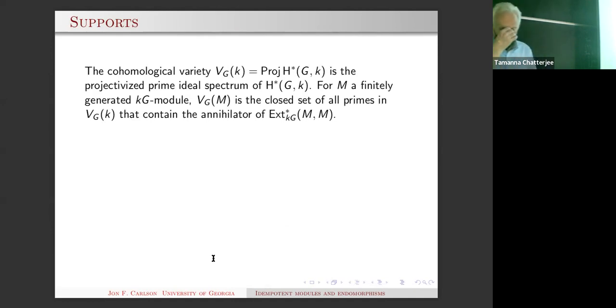Okay, support varieties. All right, the cohomological variety is the projectivized prime ideal spectrum. In other words, it is the collection of homogeneous prime ideals for the cohomology ring.